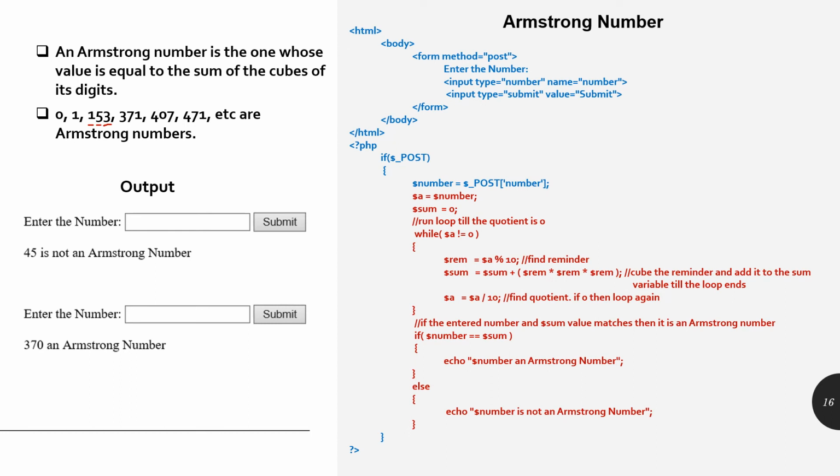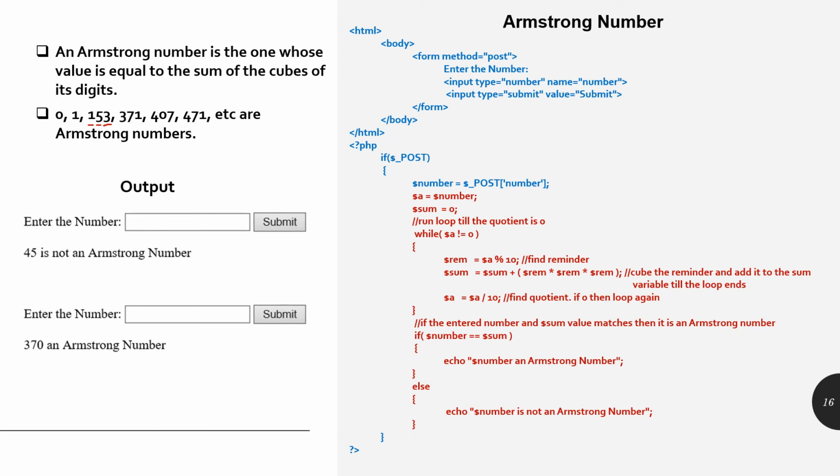So what we need to do here is separate the digits. For separating the digits, take the mod value, then divide the entire number by 10. That mod value will give us 3.